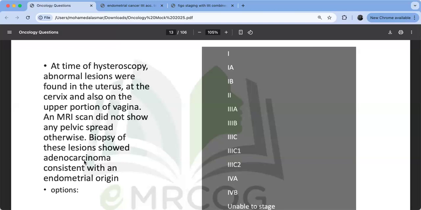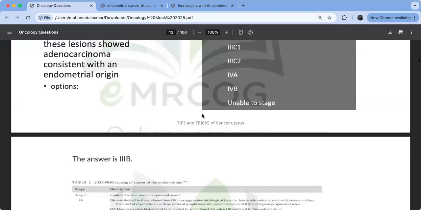Biopsy of this lesion showed adenocarcinoma, consistent with endometrial origin, upper portion of the vagina. 3A or 3B? Okay. So, answer is 3B.